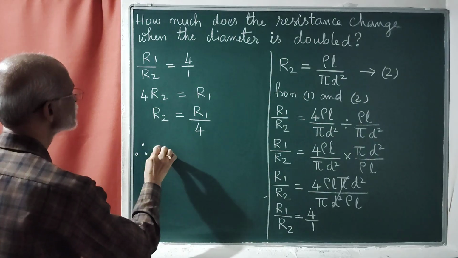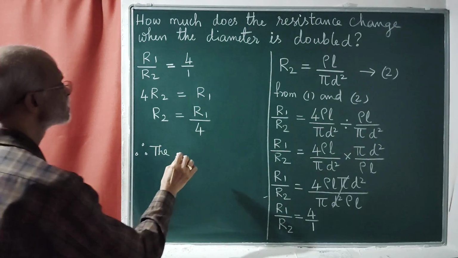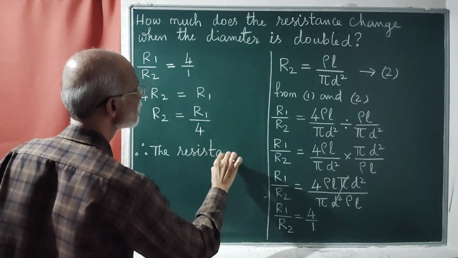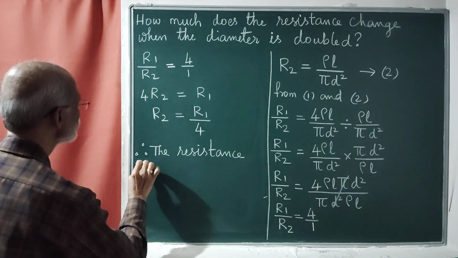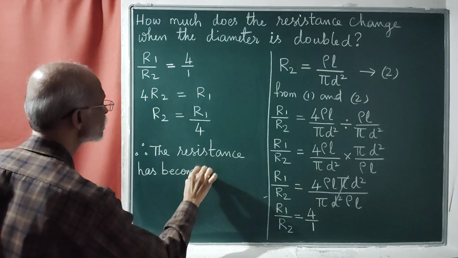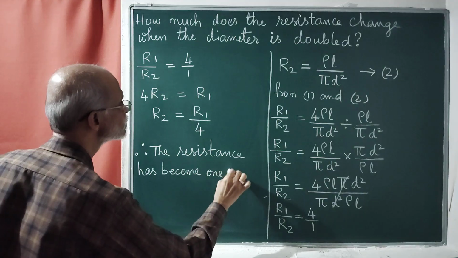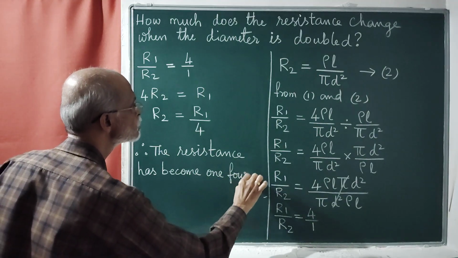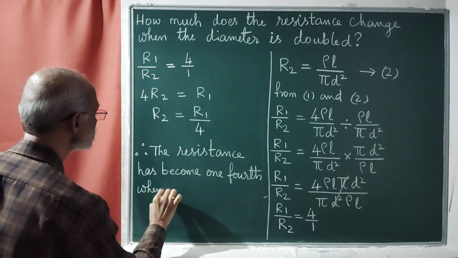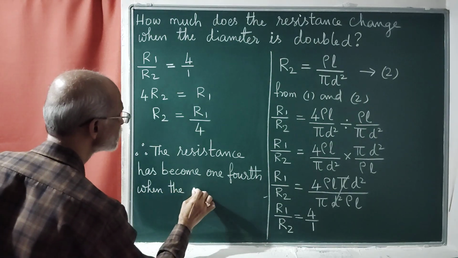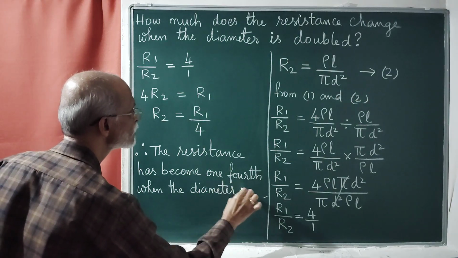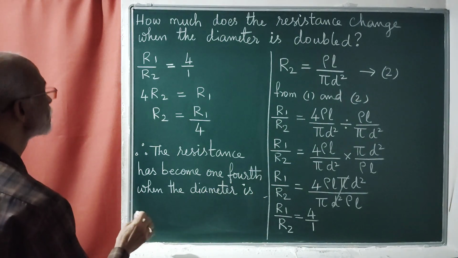Therefore, the resistance has become 1/4 when the diameter is doubled.